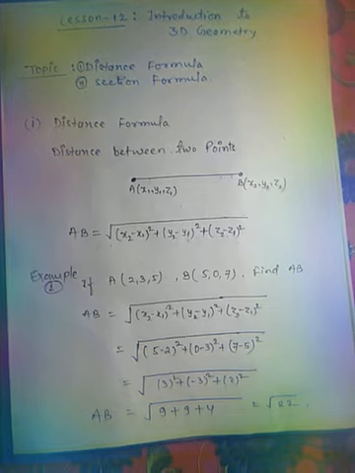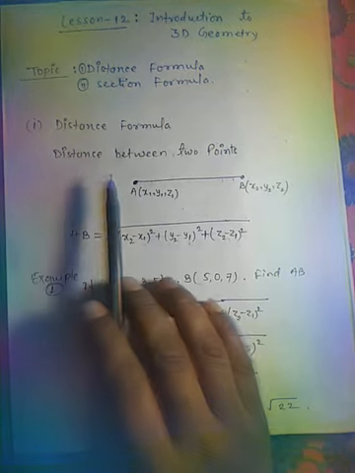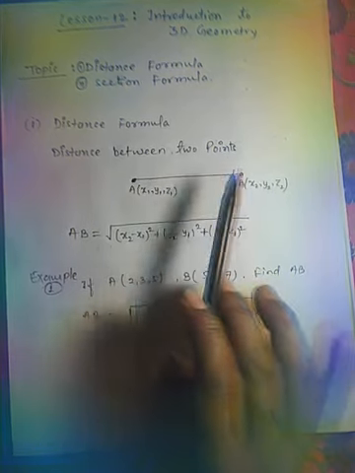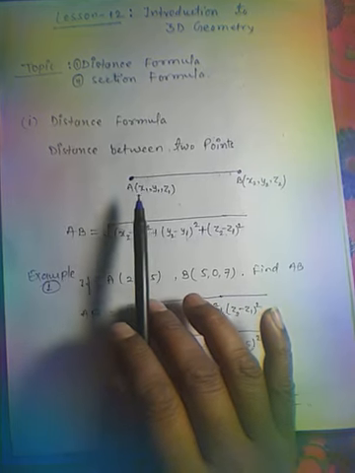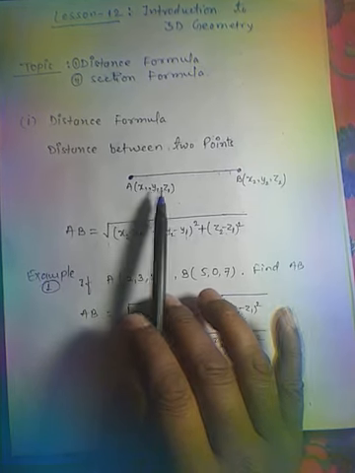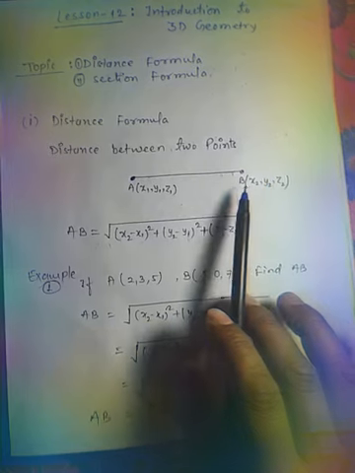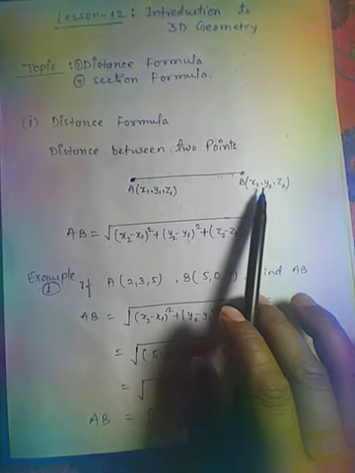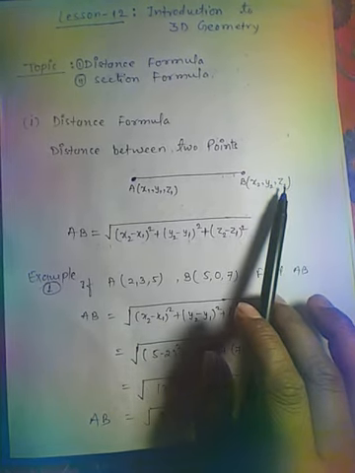First, distance formula: distance between two points. Point A (x1, y1, z1), point B (x2, y2, z2).